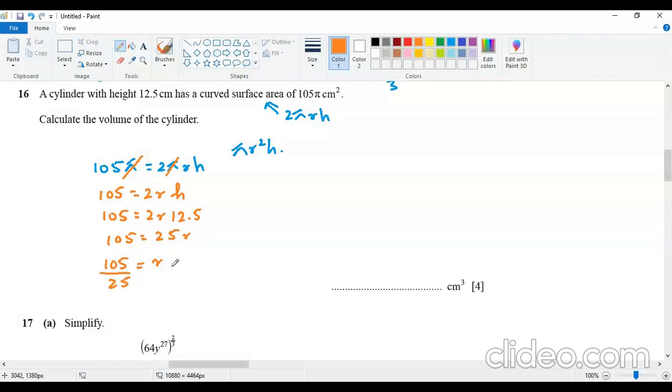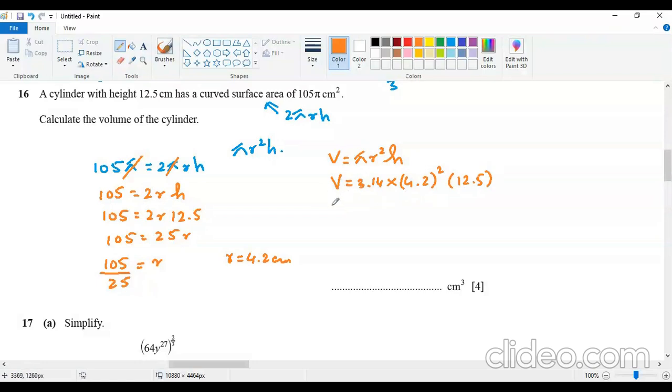So the radius equals 4.2 centimeters. Now putting the value in to find the volume, pi r square h. So volume equals 3.14, also can be kept in the calculator, radius 4.2 square, and the height is 12.5.